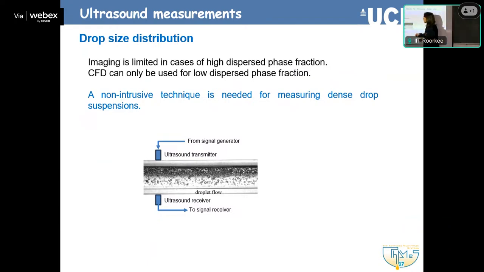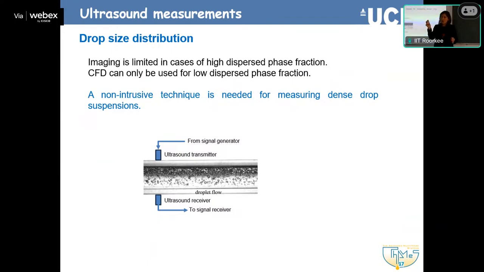The wavelength has to be comparable to the size of the particle, because if the wavelength is much bigger, the particle doesn't really affect it. If it's much smaller, again, it's all going to be scattered.